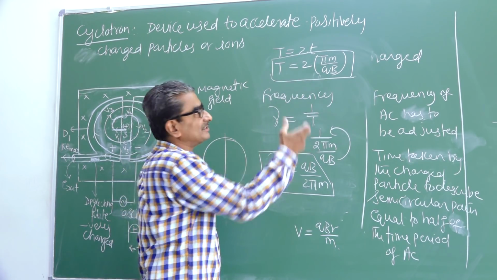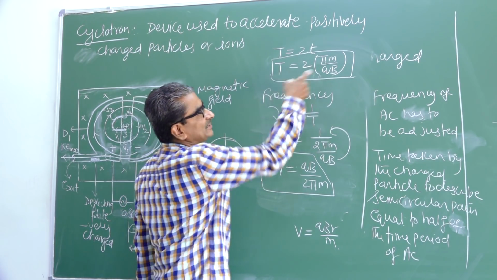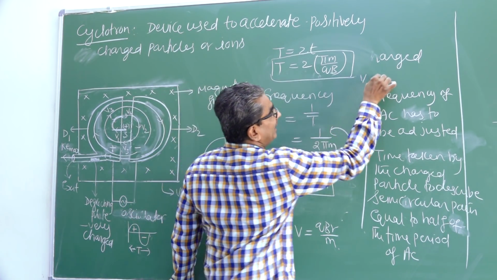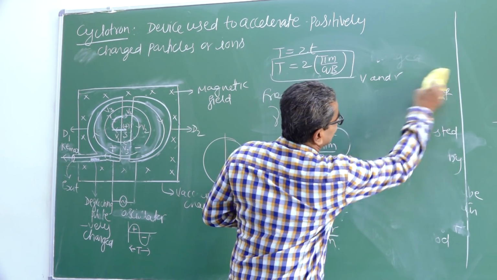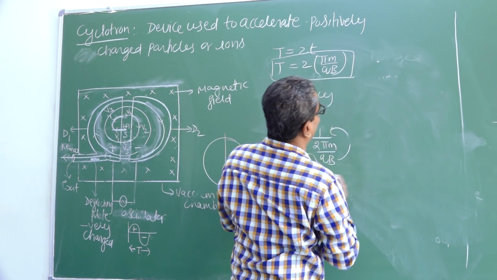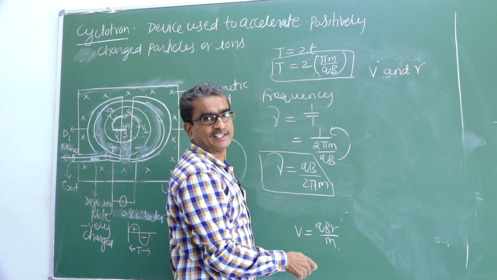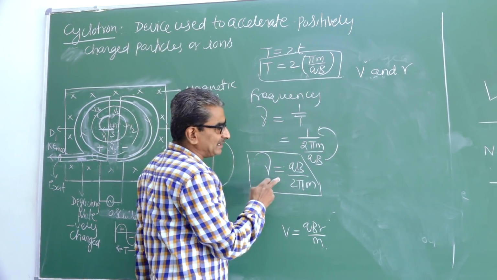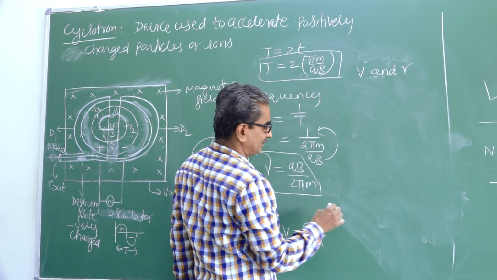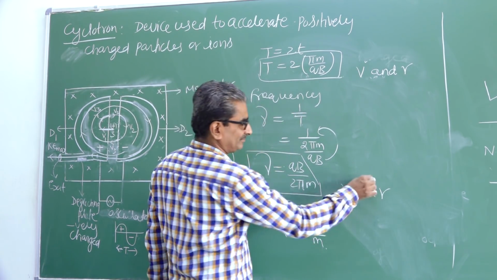the terms velocity or radius are not involved. This equation is independent of V and R. V is not there and even R is not there. R is the radius of the semicircular path, and V is the velocity of the charged particle. Even in this equation, V and R are not there.